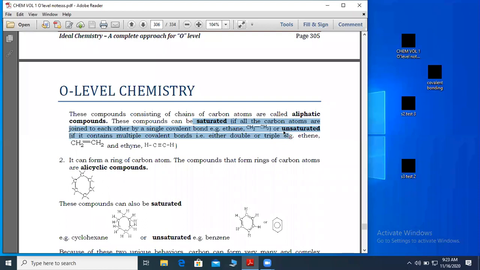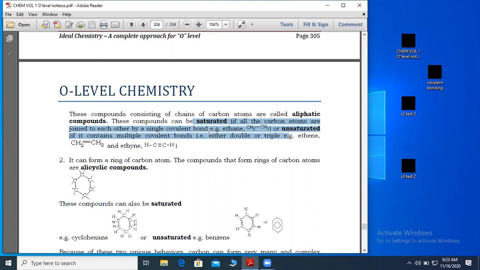So wherever it exists, it should have 4 bonds. Carbon should have 4 what? Bonds. So it can be attached to other elements like hydrogen, it can be with nitrogen, it can be with oxygen, but all in all, the carbon should have 4 bonds.